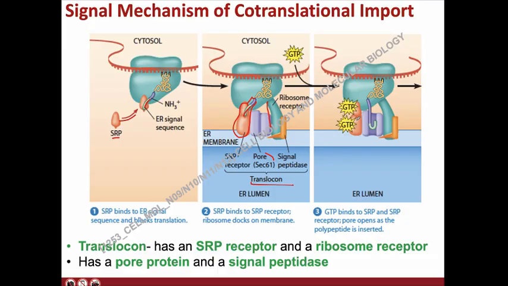Because here, as you will see, this is the pore protein where our polypeptide can enter later. And you also have the signal peptidase, which is an enzyme that removes the ER sequence. So now it's a complex of four things: the SRP complex with the signal, the ribosome receptor, the pore, and the signal peptidase attached to your ribosome receptor, that will remove the ER signal sequence.